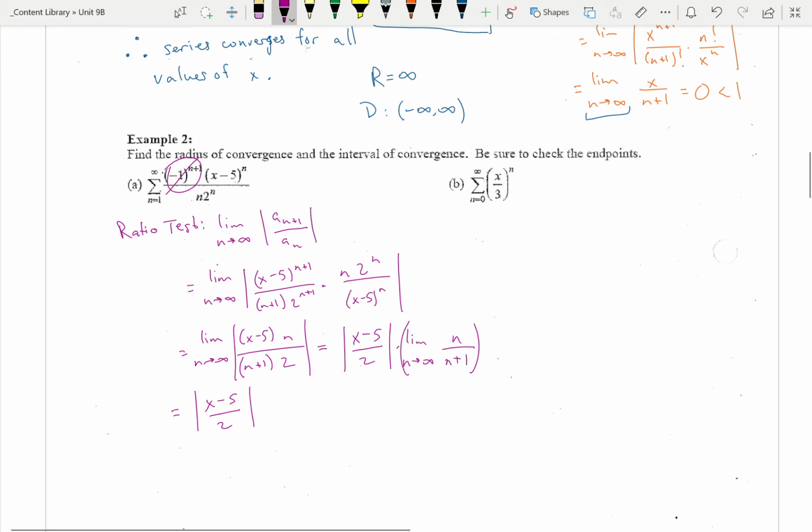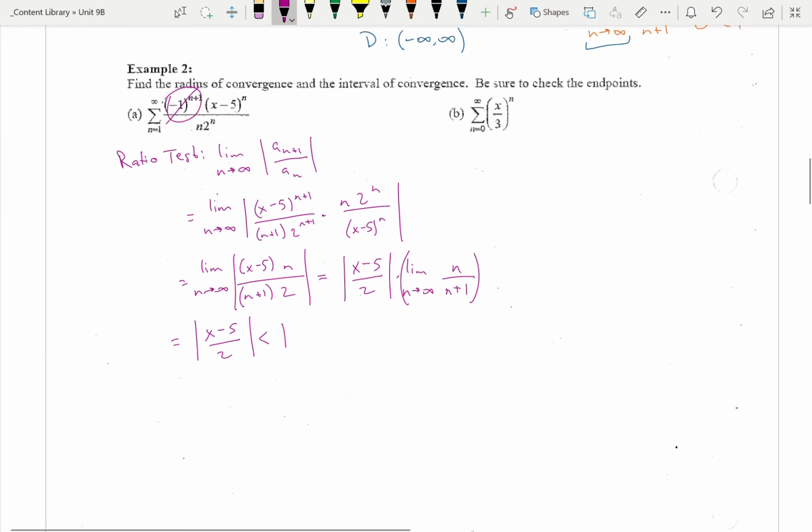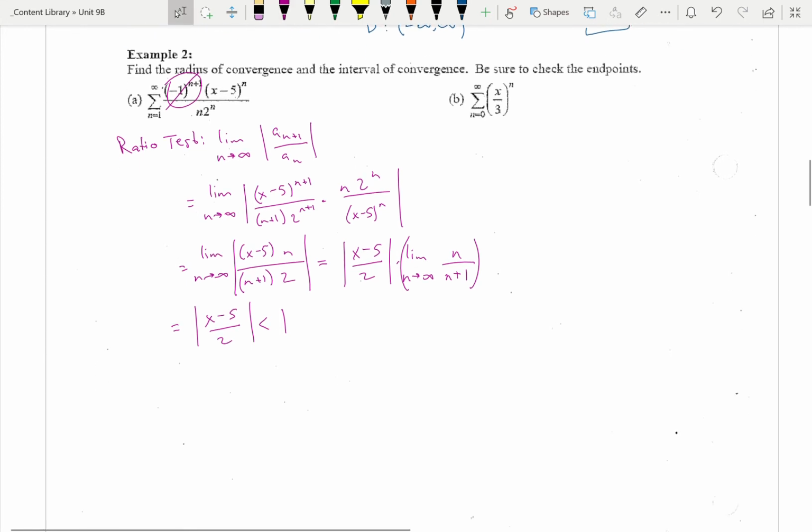Now remember that the ratio test asks us to determine when we are going to get a value that is less than 1. If we get something less than 1, then we know that the series is going to converge, right? So we're now ready to pick x values that cause this fraction to be less than 1. So with absolute value inequalities, we know that this thing has to be between -1 and +1.